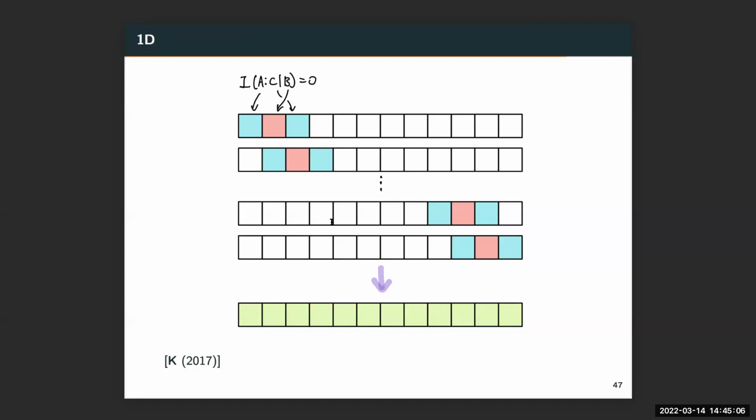And what people have shown is that in 1D, if you have exponential decay of correlation, then there exists a matrix product state. If you have exponential decay of the two-point function, then you can show that a stronger form of decay of correlation applies. And that implies that there's a matrix product state which approximates this entire thing with a small bond dimension. It's actually a very, very non-trivial fact.